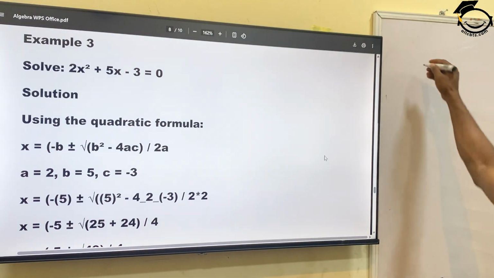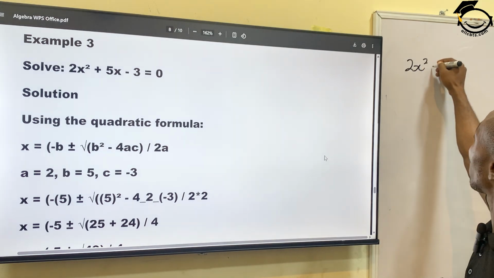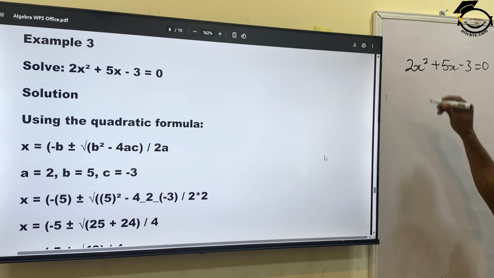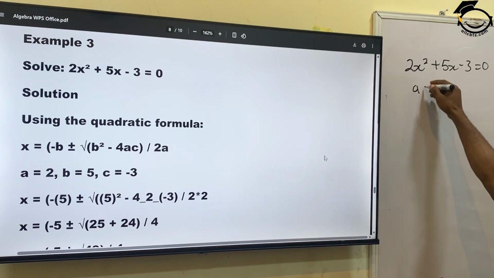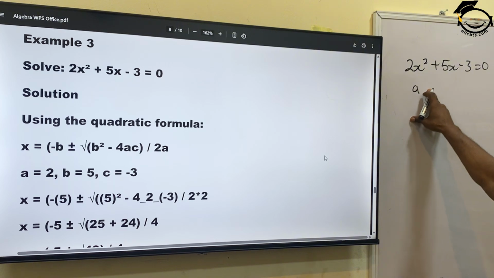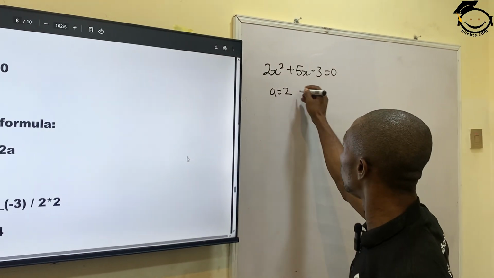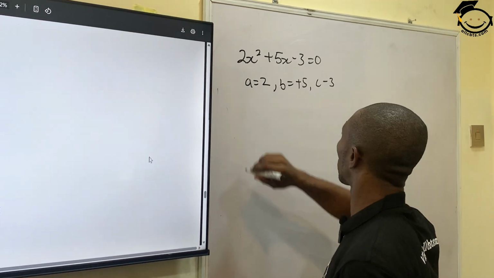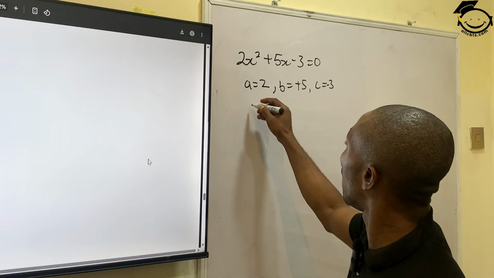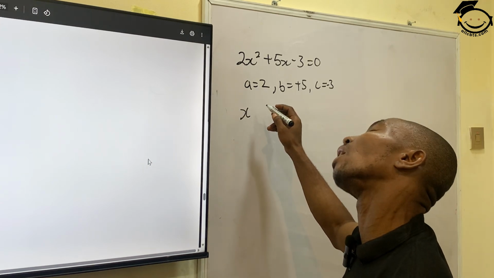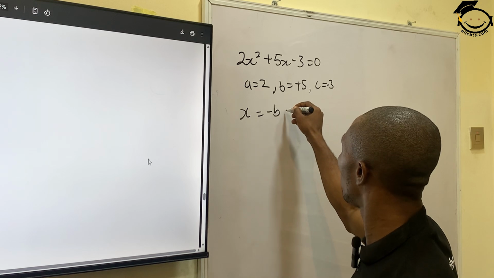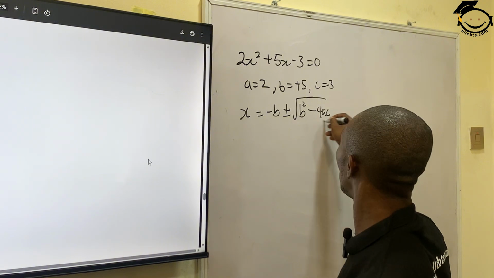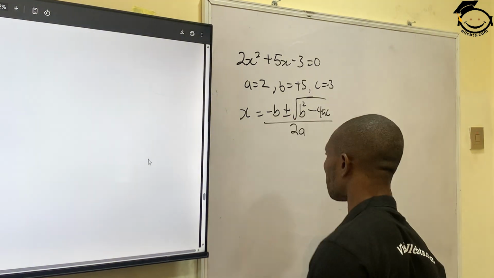All right, looking at 2x squared plus 5x minus 3 equal to 0. At this point, we are going to apply our quadratic formula. So let's find our a is 2, b is plus 5, and c is minus 3. Now our quadratic formula states that x equals minus b plus or minus root b squared minus 4ac all over 2a.